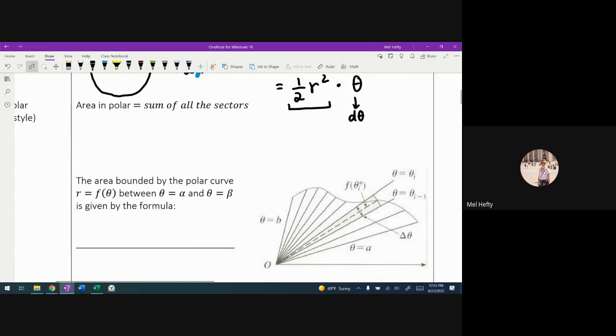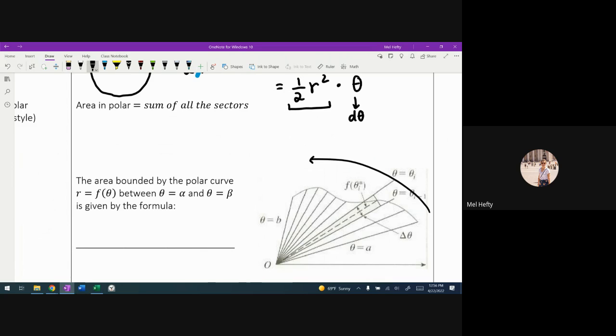I like this picture. It's a little confusing, but I like it because it gets that Riemann sum to integral idea out of here. So when we sweep out area, we're sweeping out this way, like the unit circle you would think of, building it out like that. We will start at an angle, stop at an angle, and we will be talking about sectors.